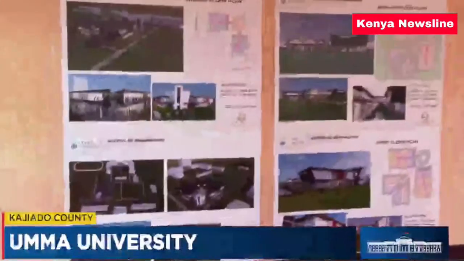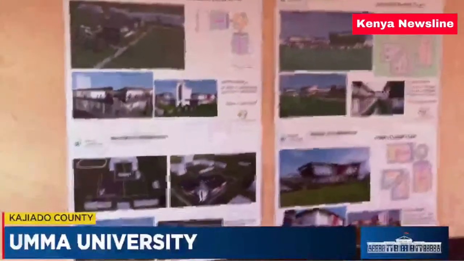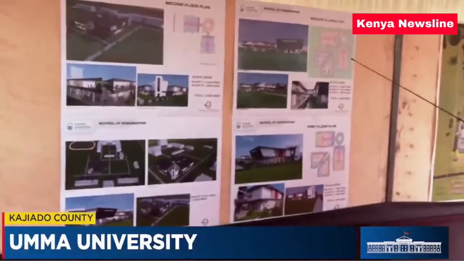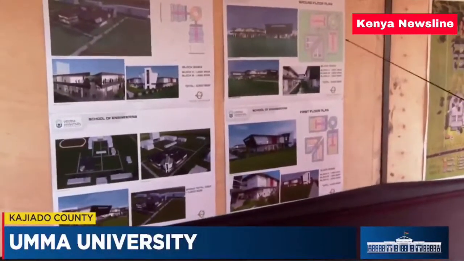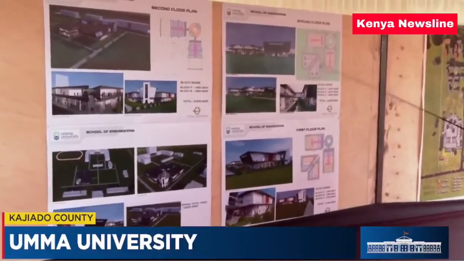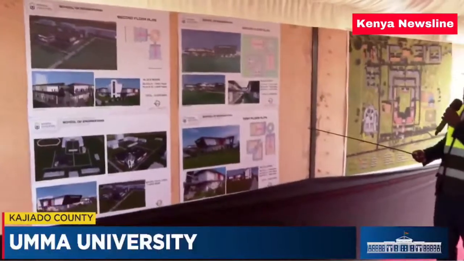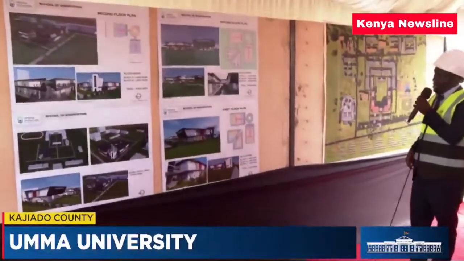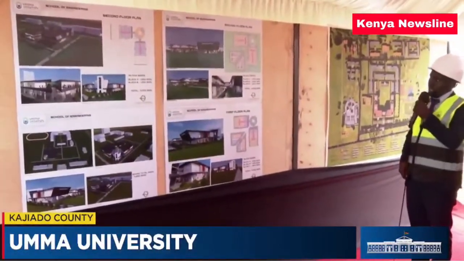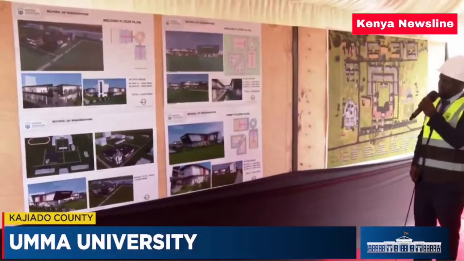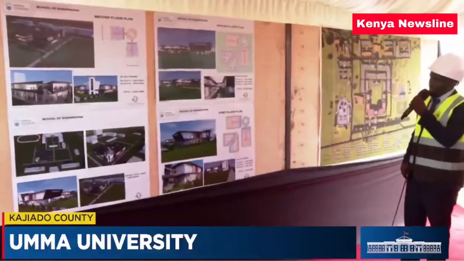I'll take you through the floor plan layouts. We have 3 blocks: Block A, Block B, and Block C. Block A will house 3 programs, which are computer and software engineering. We'll have electrical and electronic engineering, and biomedical engineering.